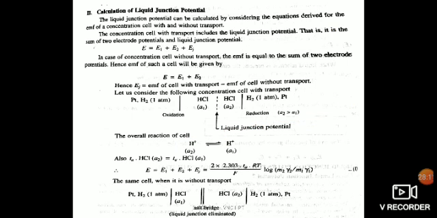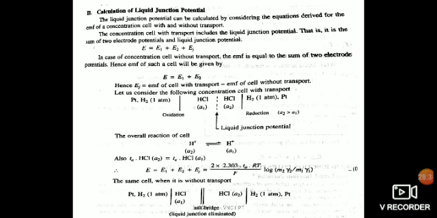How can you calculate the liquid junction potential? The liquid junction potential can be calculated by considering the equations derived from the EMF of the concentration cell with and without transport. The concentration cell with transport includes the liquid junction potential. That is, it is the sum of the two electrode potentials and the liquid junction potential.